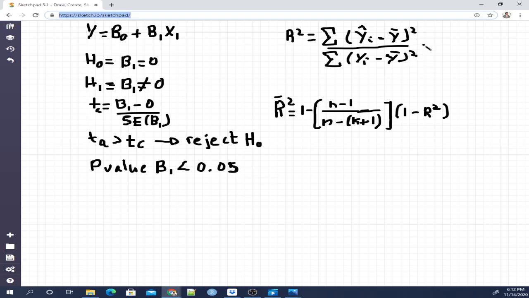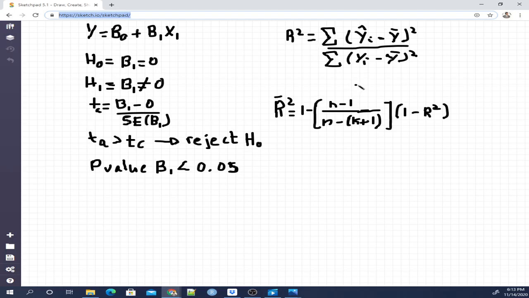For this Excel exercise, it's going to do it all for us, but I just wanted to show you the formula. There's a way to do it manually, which I'll hopefully go through in another video, but for this video we're just going to keep it brief and know that this is the formula, and it helps determine whether the model is a good model for the sample at hand or not.